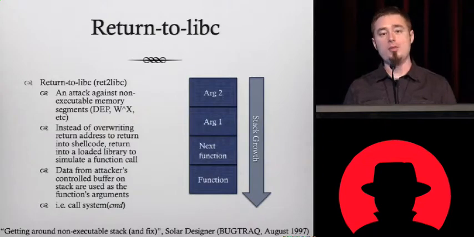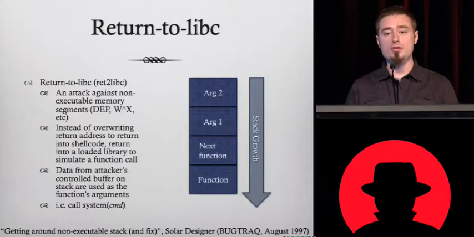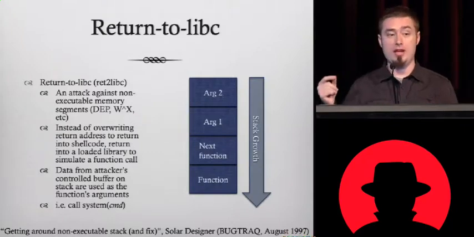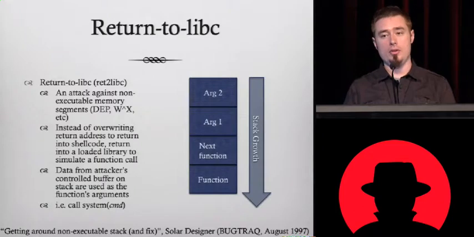Well, if all the libraries are loaded at known places, what you can do, at least on x86, is return to a function in a shared library, and you abuse the fact that on x86 the function arguments are taken from the stack as well. And if you've already overwritten the stack, that function that you jump into will use the arguments from your controlled data.